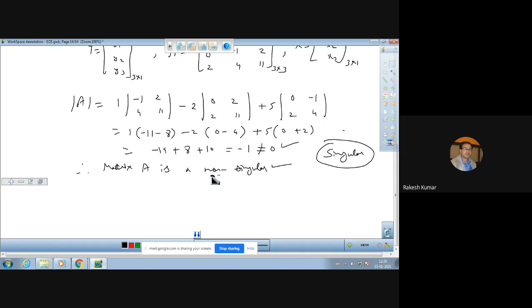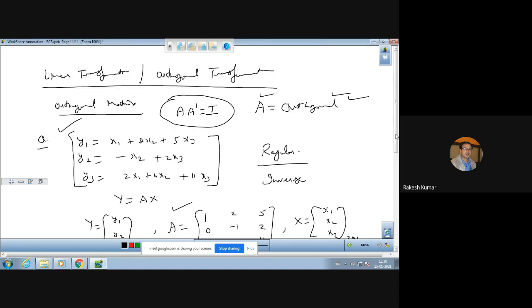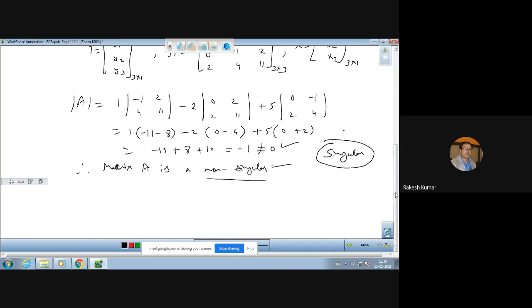Now whenever matrix A is non-singular, the given transformation is a regular transformation. This is your first question in this question. The first part of the question is to show that the transformation is a regular transformation. So if the transformation matrix A is non-singular, then the given transformation, that is Y equal to AX, is a regular transformation.